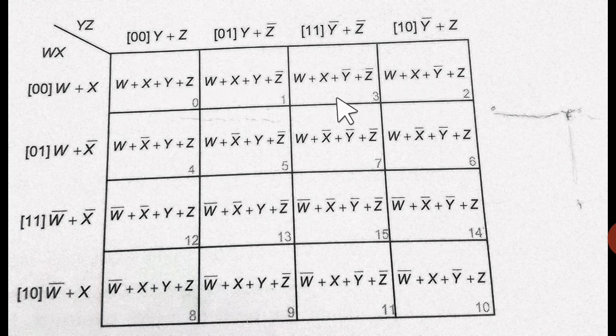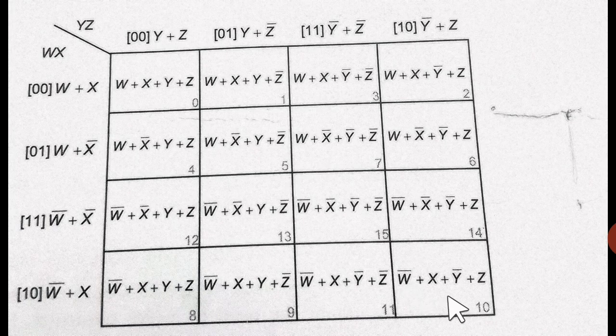Here w plus x is the row combination, and for the column side it is y' plus z', so it is w plus x plus y' plus z'. Similarly for 13, the row side is w' plus x', the column is y plus z', so the final term is w' plus x' plus y plus z'. Similarly you can check all the combinations and all the maxterms in the K-map.